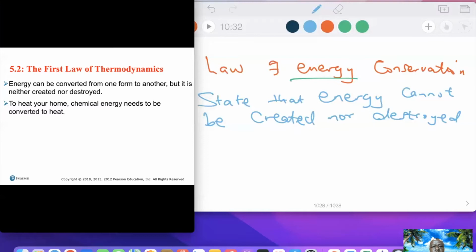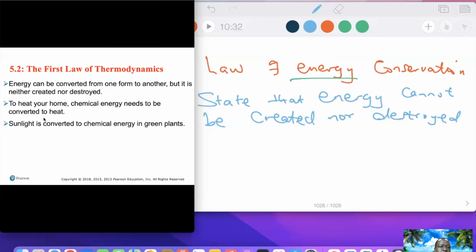For example, mechanical energy to move the internal parts of the engine, or heat energy to warm your car. It can be converted into light energy for the headlamps, or even sound energy for your stereo in the car.